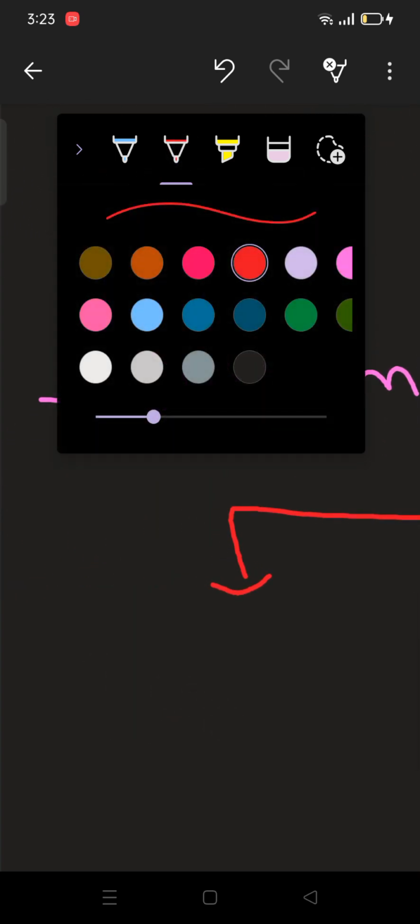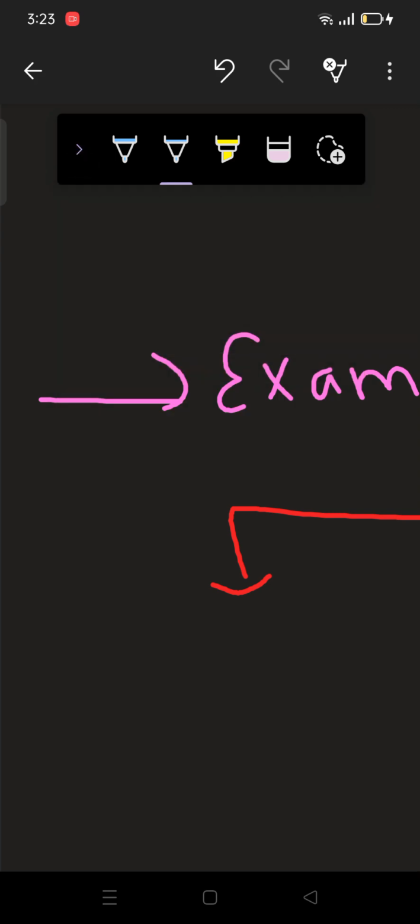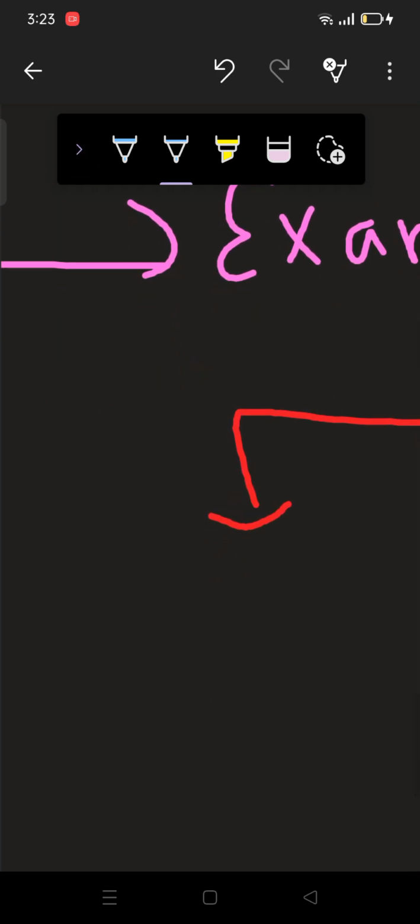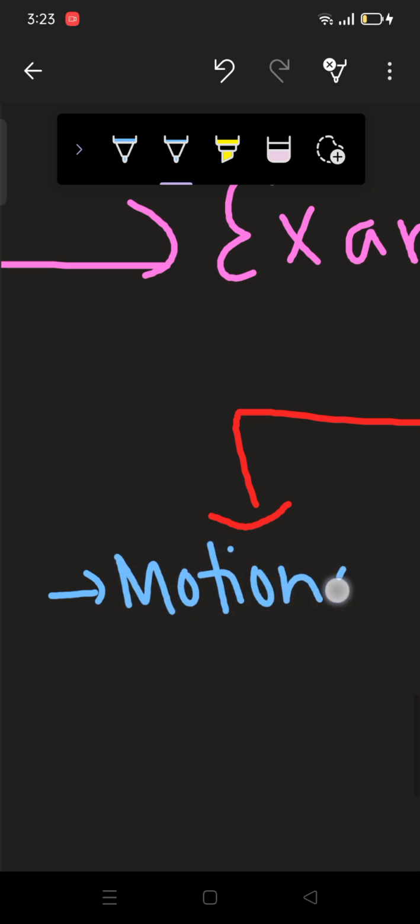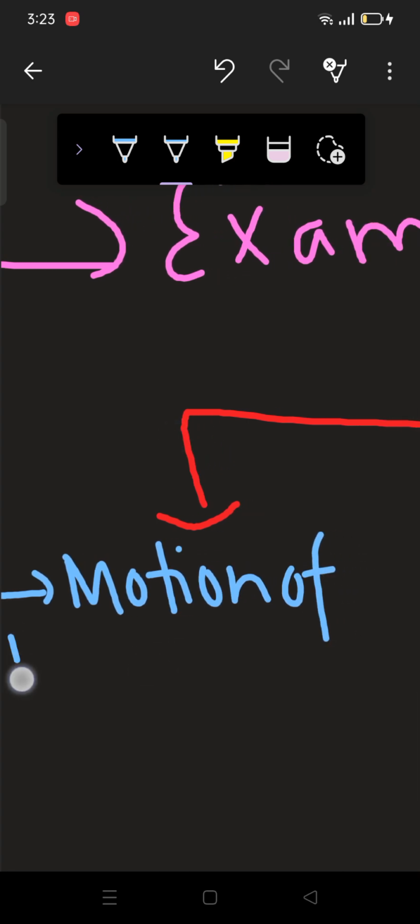The first example is the connection between uniform circular motion and simple harmonic motion, or you can say this is the motion of projection of a particle along a circular path.